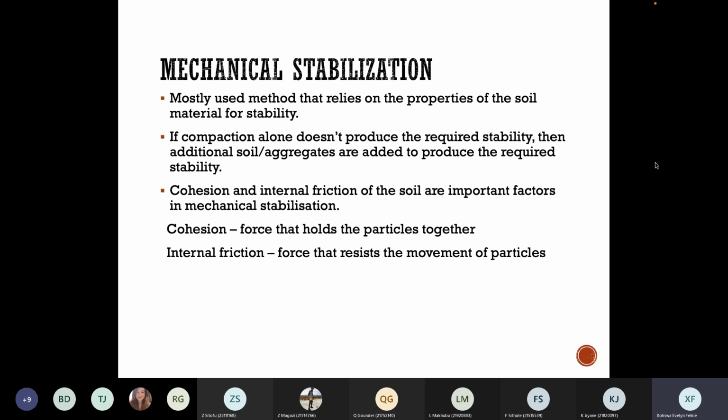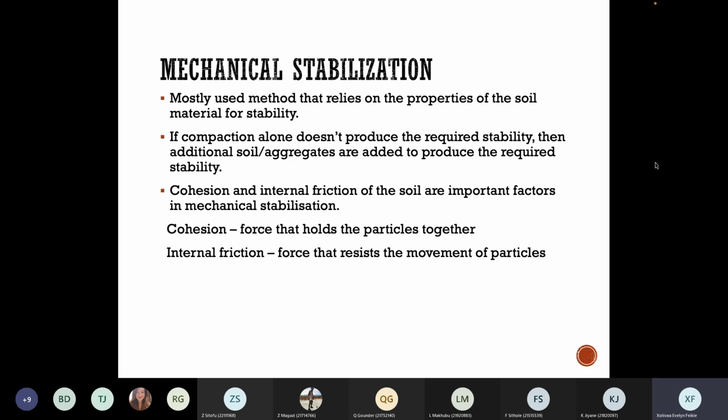Mechanical stabilization is the mostly used method that relies on the properties of the soil material for stability. First, before we move to that part, they say mostly used method that relies on the properties of the soil material for stability.